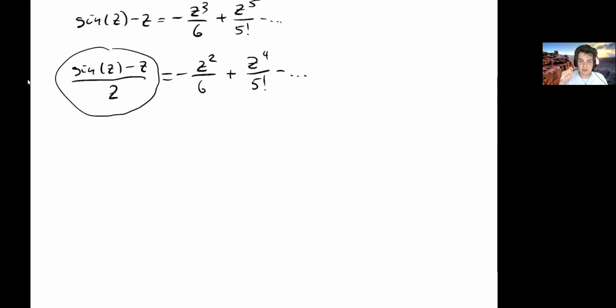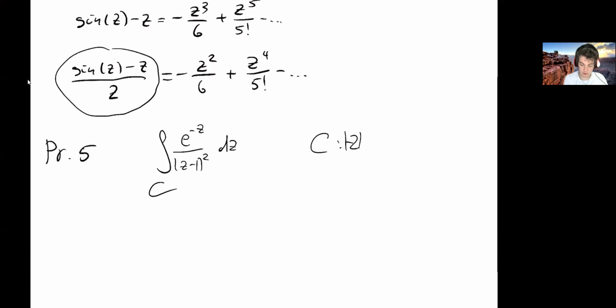Okay, I'll skip problem number 6. We did something related to number 6 a lot. Let's choose something from problem number 5. You know what? I'm going to do the second one, I guess. And we are evaluating it around the circle with absolute value of z equal to 3.